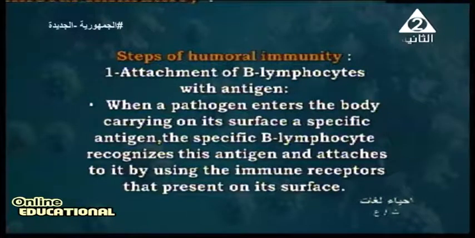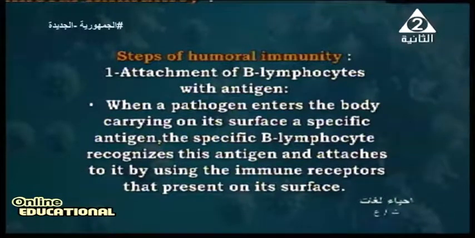This key is known as the antigen. This key needs a specific lymphocyte to recognize what this antigen is, and attaches to it by using immune receptors. These immune receptors are found on the B lymphocyte. So the B lymphocyte contains immune receptors, while the pathogen contains antigen.